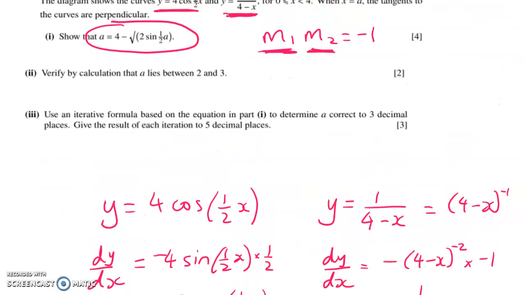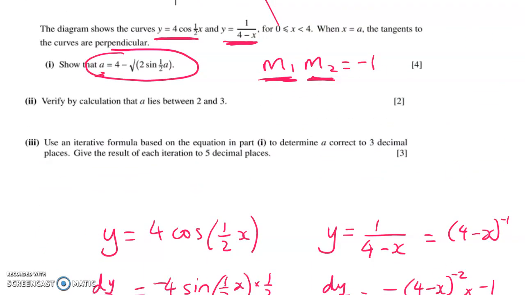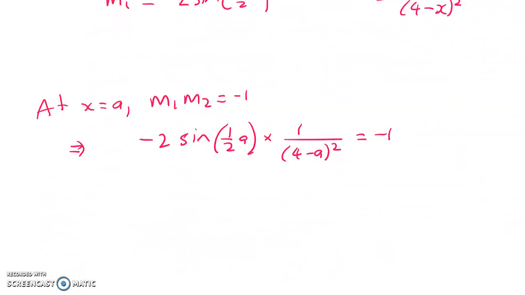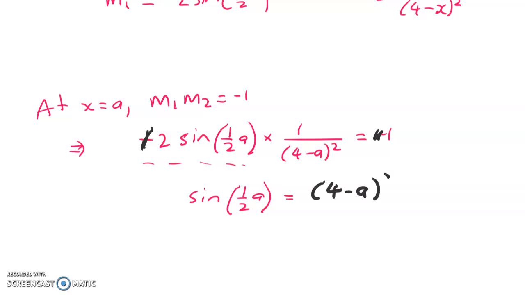Just keep an eye on where we're trying to get to. We want to show that a is equal to all of this. You can see this bit here is fine, so we're going to start working with this. We get sine of a half a is equal to, so let's get rid of the negative signs, multiply both sides through by 4 minus a squared, and divide both sides by 2.